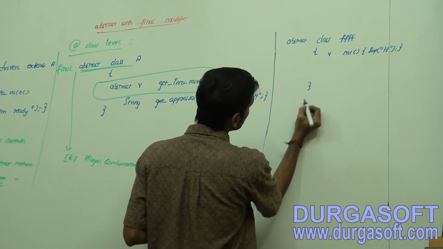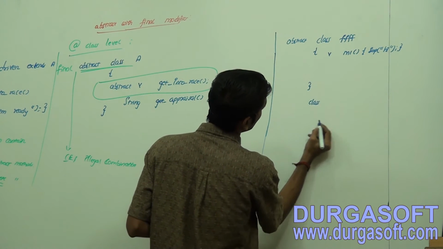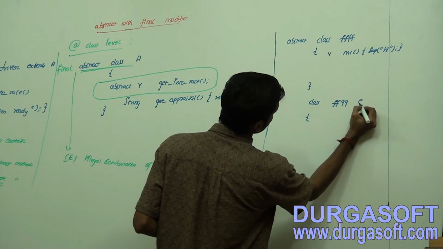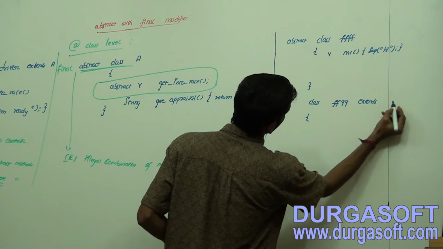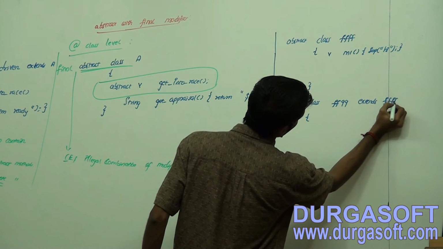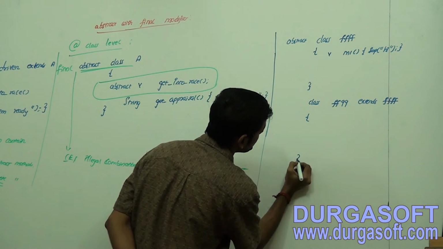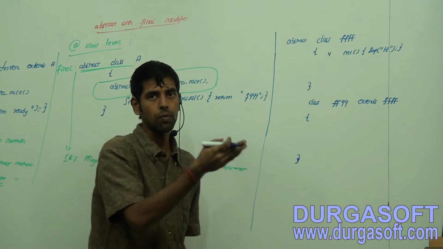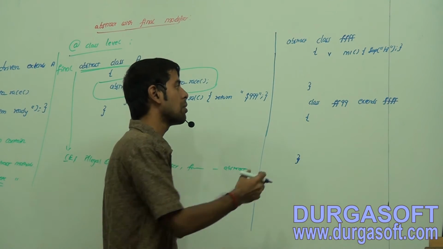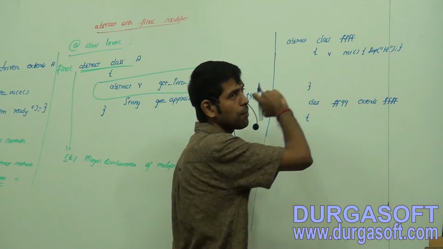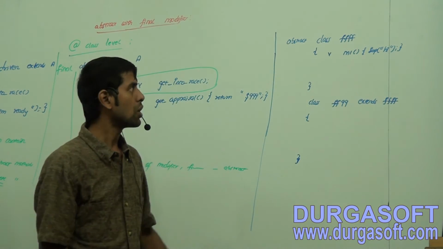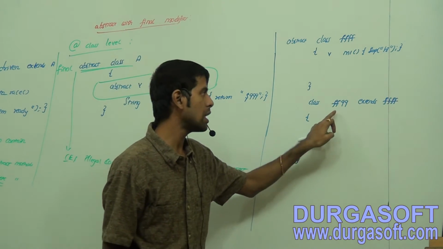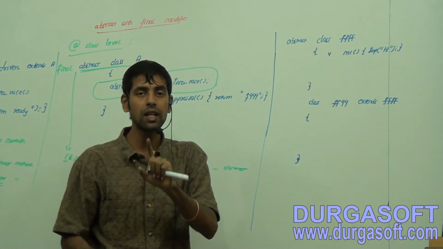Simple thing: class ff99 extends ff. That's it, finished. You can create an instance of this ff99 class and make use of this m1 method. Through inheritance, you are going to get this method implementation to the underlying object at runtime.